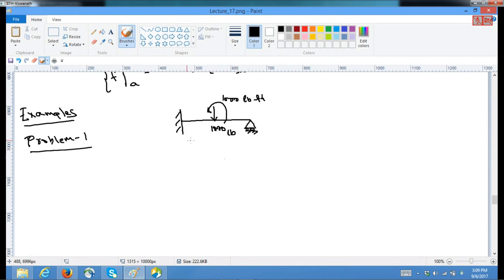let's say L, and let's say this is at a location A from the end of the beam.